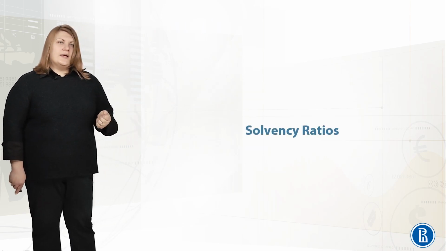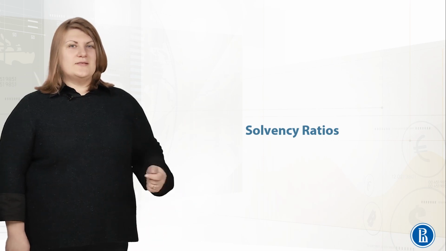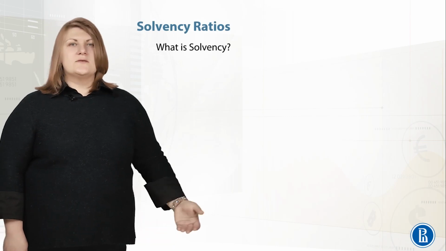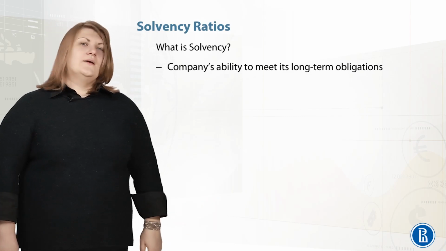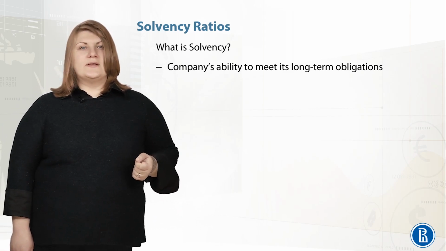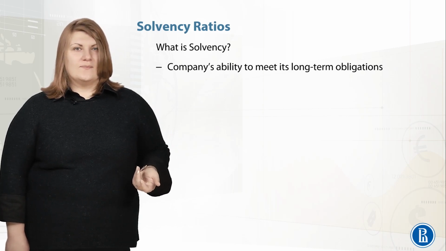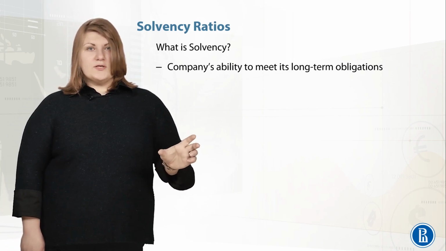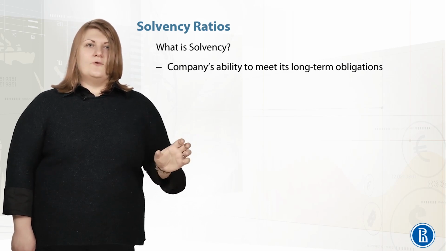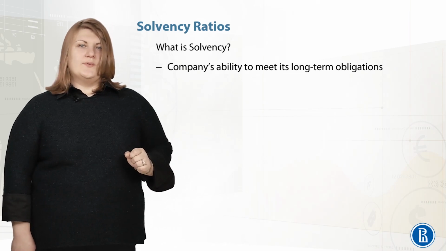Now let's look at the solvency ratios. First of all, what is solvency? Under solvency, we usually understand the company's ability to meet its long-term obligations. Remember, the definition of long-term obligation usually refers to obligations which exceed a 1 year period.